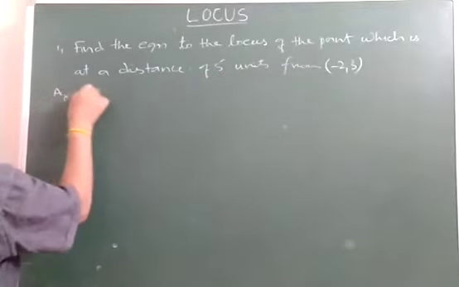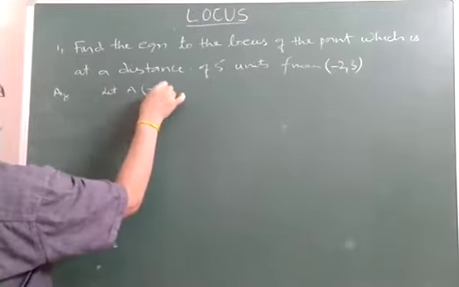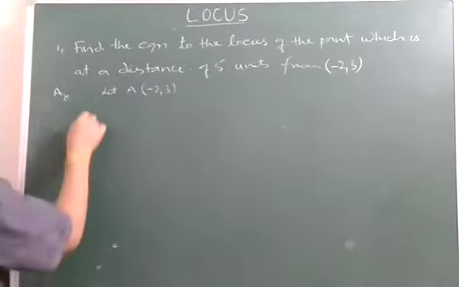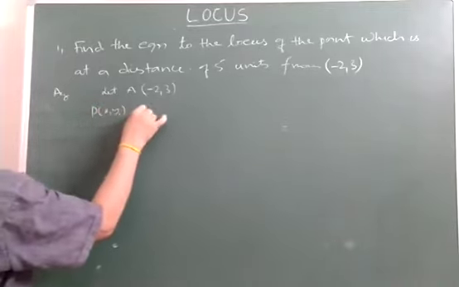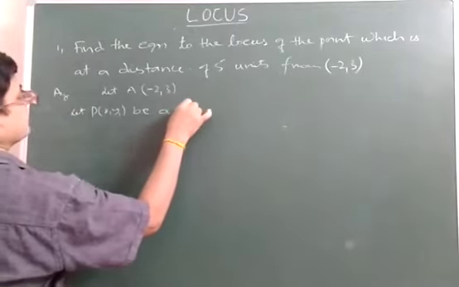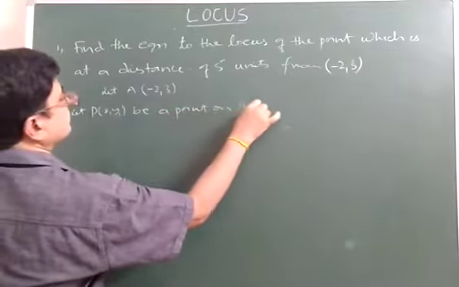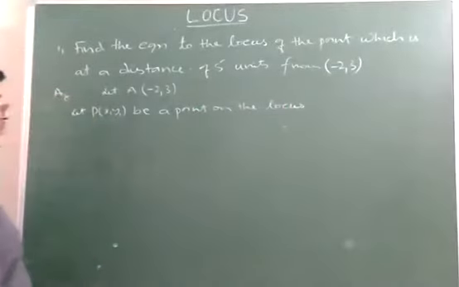So the answer is: let the given point be taken as capital A (-2, 3), and let P (x1, y1) be a point on the locus.